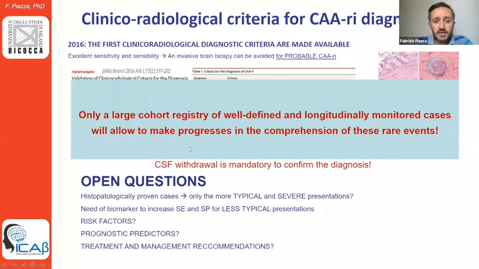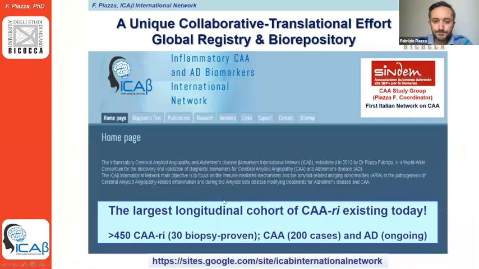Only large cohort registries of very well-defined and longitudinally monitored cases will allow progress in understanding these open questions. And this is the reason why we founded and established the iCAB International Network, a spontaneous network of leading experts in CAA and Alzheimer's disease, and also all neurologists who may have one of these cases in their clinics.